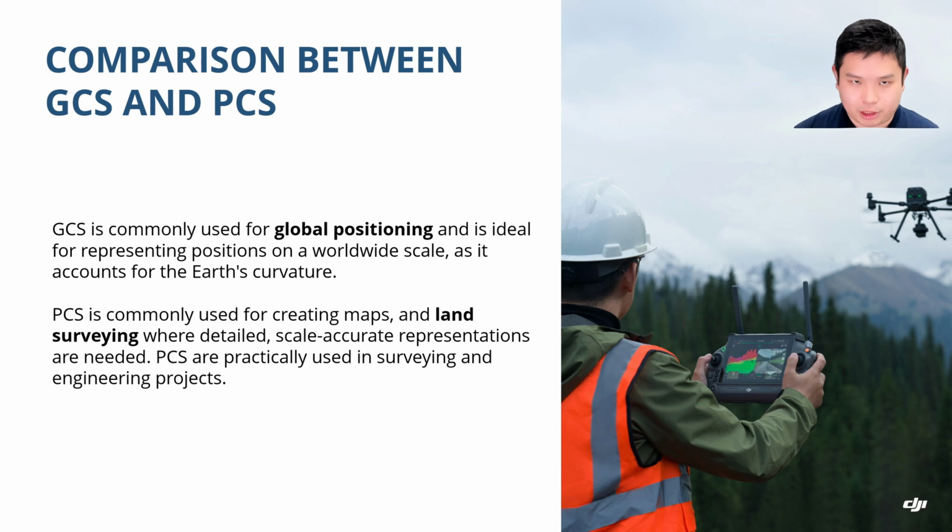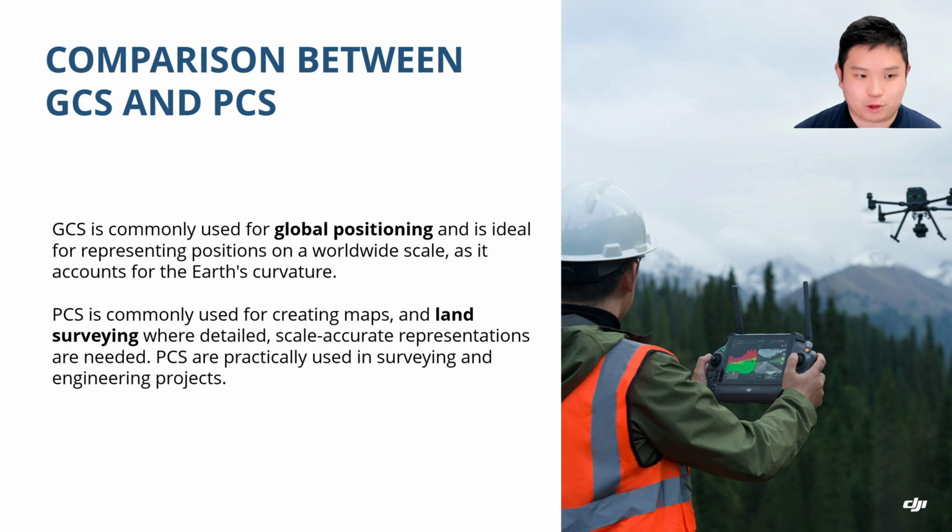Now let's compare the geographic coordinate system and the projected coordinate system, and under what scenario you would use one over the other. The geographic coordinate system is commonly used for global positioning and global navigation. It is ideal when you want to represent the position of your target on a worldwide scale, as it takes account of the Earth's curvature.